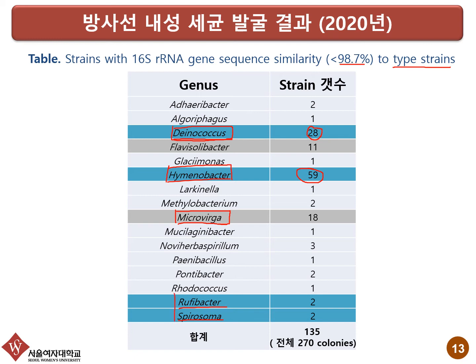Spirosoma and Rufibacter show similar radiation resistance to Deinococcus and Hymenobacter. So in our study we found that not only Deinococcus, but Hymenobacter, Rufibacter and Spirosoma are all dominant genera which have radiation resistant microorganisms. Overall in this study we found around 135 strains which are new species isolated from the soil sample.